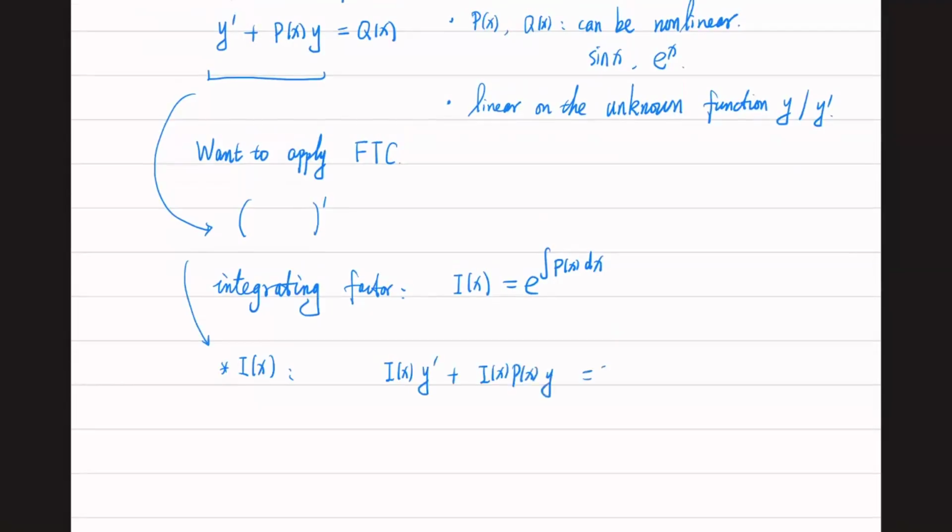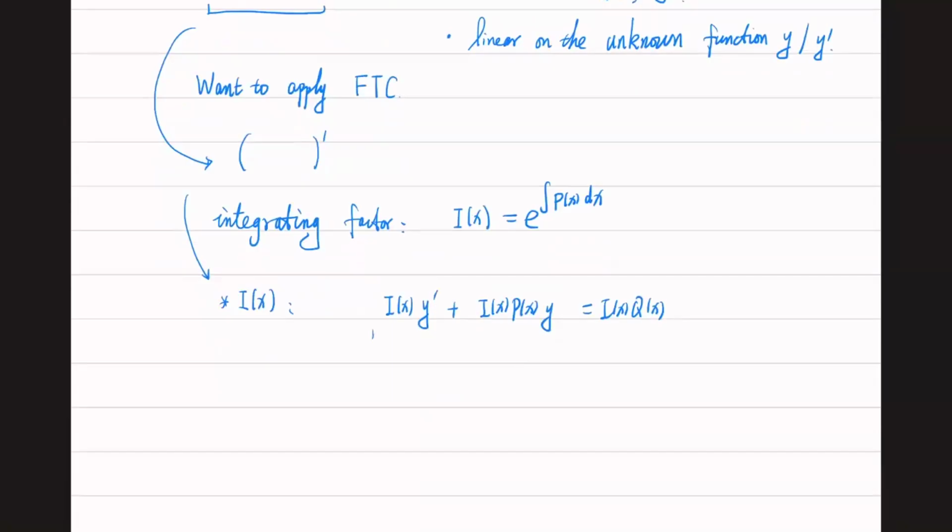Now the difference is that this is the derivative of a product. That's why we construct the integrating factor in this way.